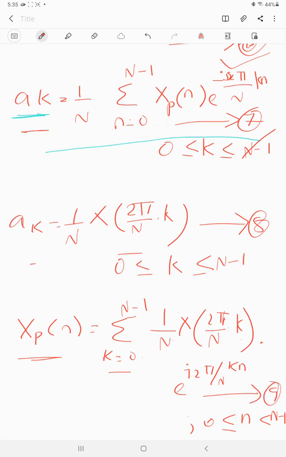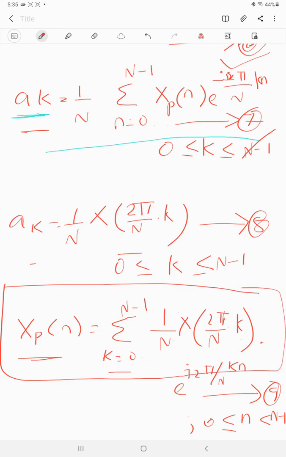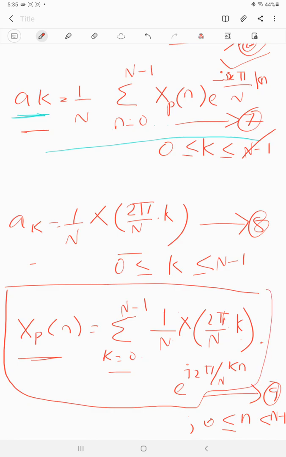This equation represents the inverse discrete Fourier transform. Equation number 9 gives the reconstruction of a periodic signal from samples of the Fourier transform X of e to the power of j omega.